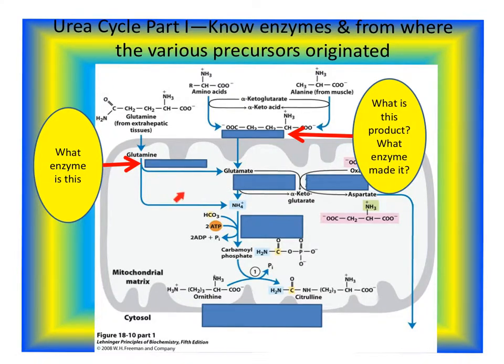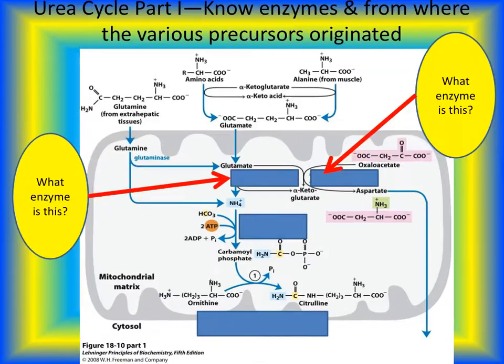Glutamine synthetase. Okay, but that's backwards. If we're going backwards, yes. But this one's glutaminase, whenever we're doing specifically the breakdown within this liver hepatocyte mitochondria. So here we're breaking it down to make glutamate and to free up the ammonium.